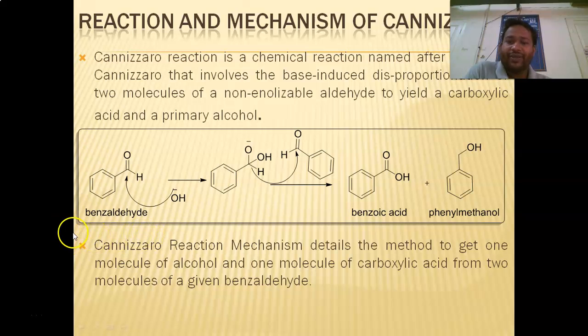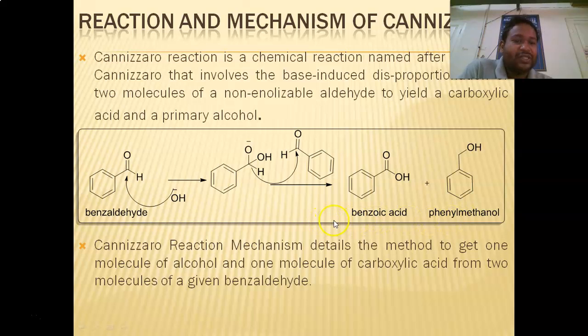I have taken one example, benzaldehyde. Benzaldehyde contains no alpha hydrogen atom and will undergo self-condensation in the presence of base, giving rise to the corresponding intermediate, and this intermediate will undergo addition across the carbonyl carbon, forming benzoic acid and phenyl benzyl alcohol.